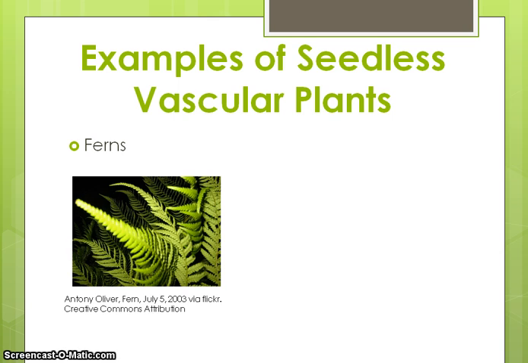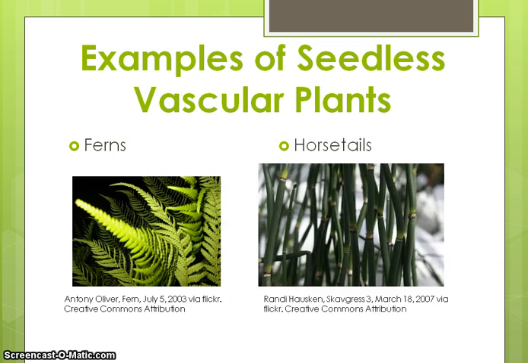Ferns are sometimes used for foods and can help save soil that has once been contaminated or ruined. Another example is horsetails, which are flowerless plants that have hollow stems and narrow leaves. This is the basic way in which plants are classified.